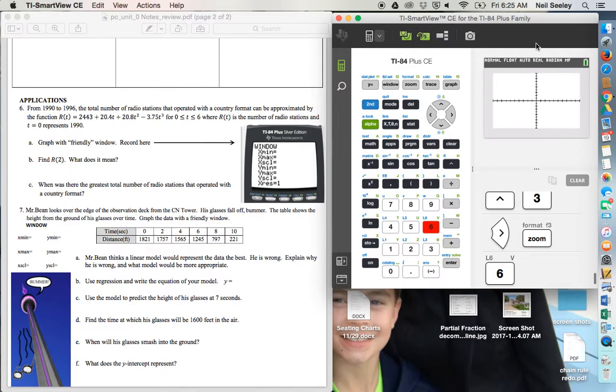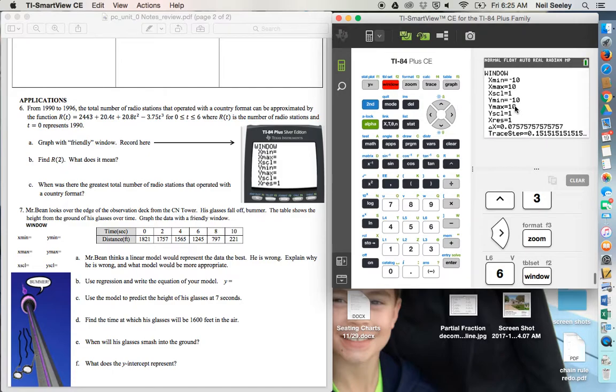Putting in x equals 0, I'm way up at 2,443. That means my window's y maximum isn't even close to big enough. So I'm going to go down here, and you want to overshoot it, because if you just put in the maximum 2443, you might still miss the graph. So I'm going to go all the way to 3,000 as my y maximum, and that should at least let me see one point on that graph.